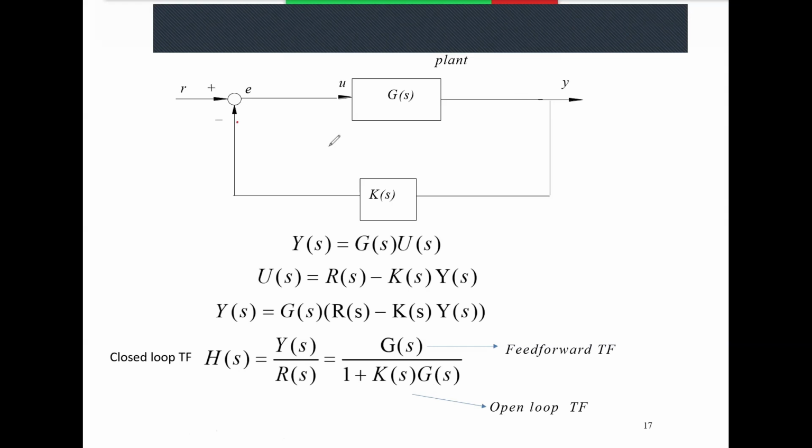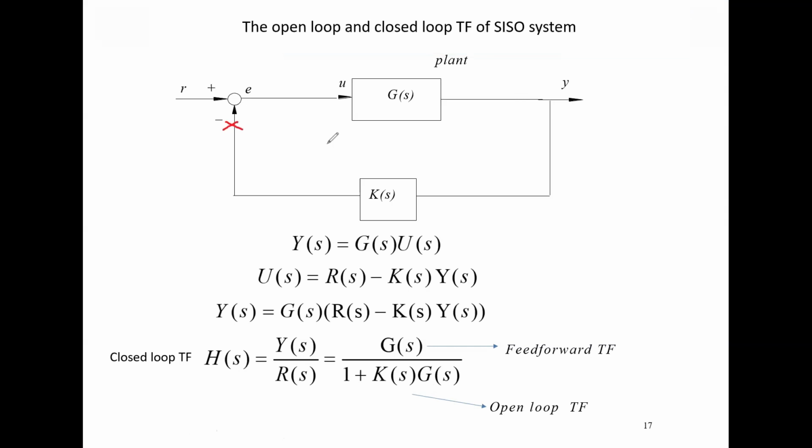If you disconnect it and make it open, that will be the transfer function from this input to this output signal here. That is G times K. So that's why we call K times G the open loop transfer function. And this is the formula: the feed-forward over 1 plus open loop. That's how we get the transfer function for the single input, single output system.